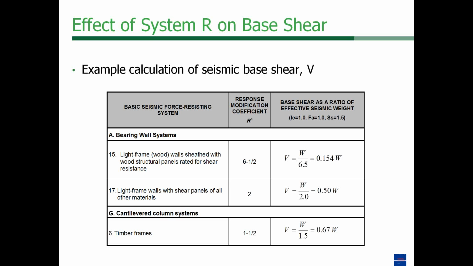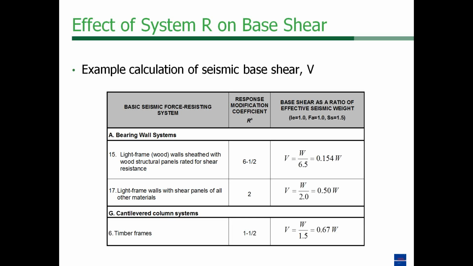And so the lateral force acting on the building is roughly going to be 15% of the effective system weight, which is a gravity type of load. And if we contrast that to an R equals 2 system, where you might have stucco or gypsum as your sheathing material, you see the equation results in W over 2, or 0.5 times the seismic weight.